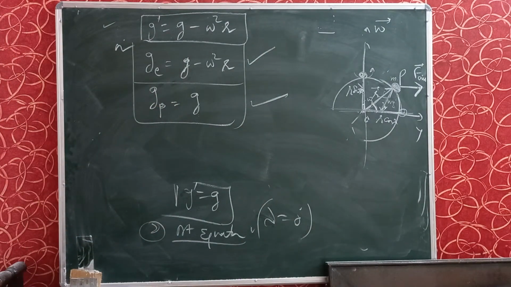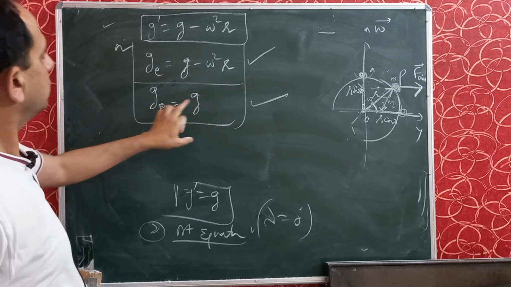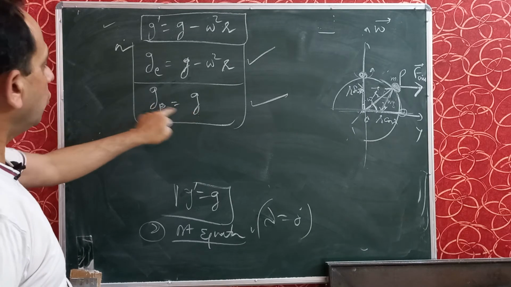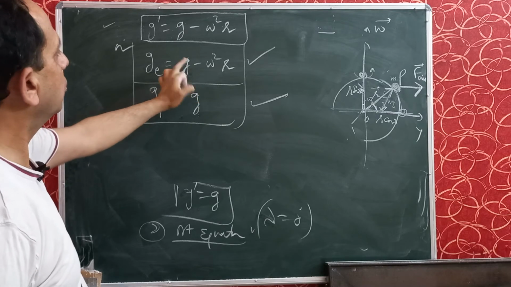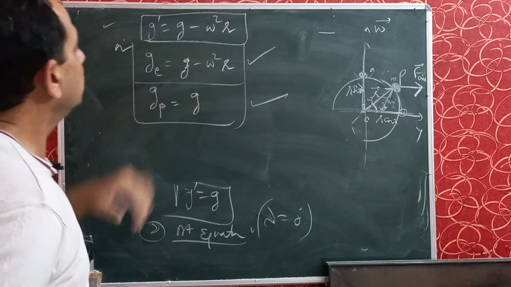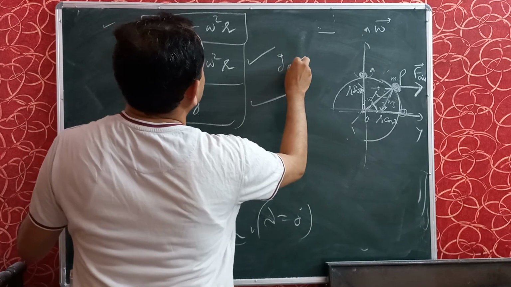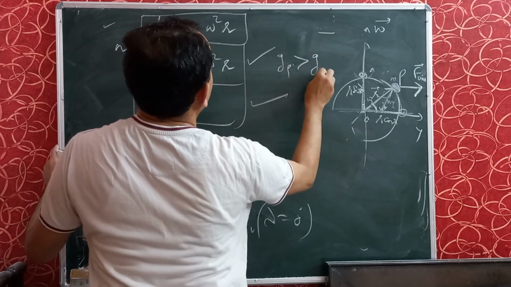From these results it is clear that the acceleration due to gravity is the same as the actual value 9.8 at the pole, but at the equator its value is less, because it is g minus something. So GP is greater than GE.